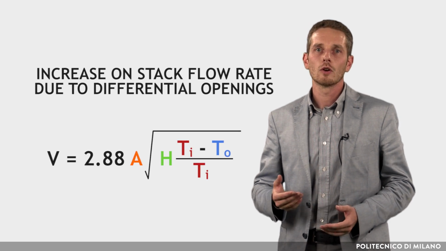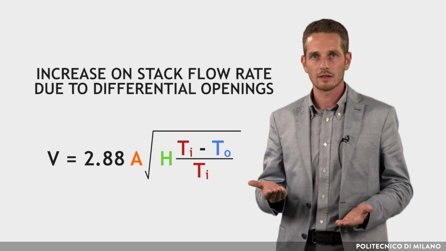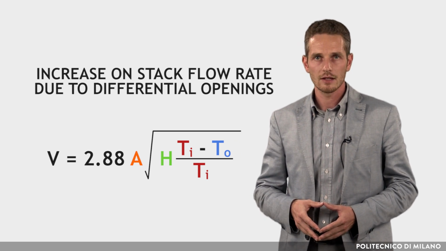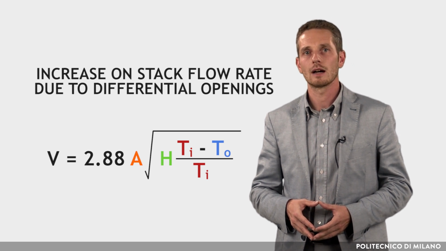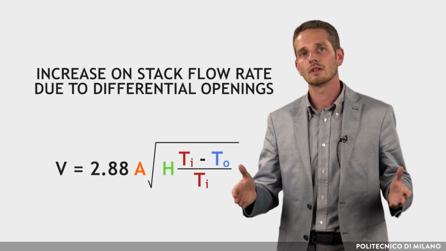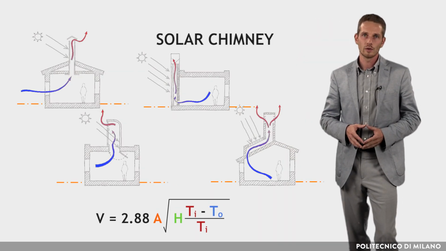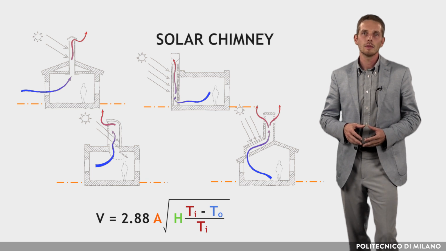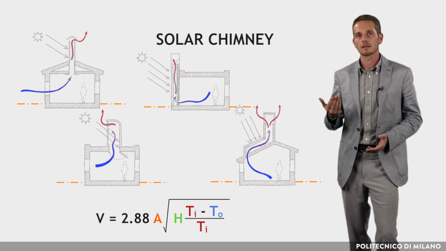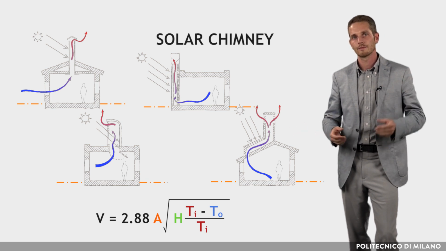Since the airflow increases with the stack height and the temperature difference, the height difference H between the two openings should be increased as much as possible, as should their size. Because of the explained law which drives the stack effect, the related flow rate may be enhanced by increasing the temperature difference between inside and outside.